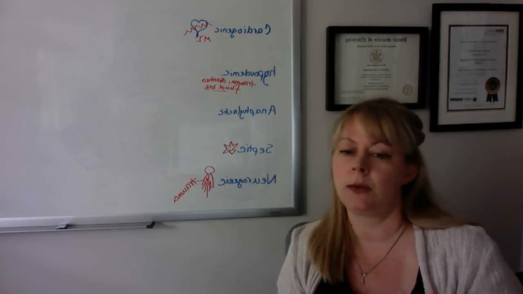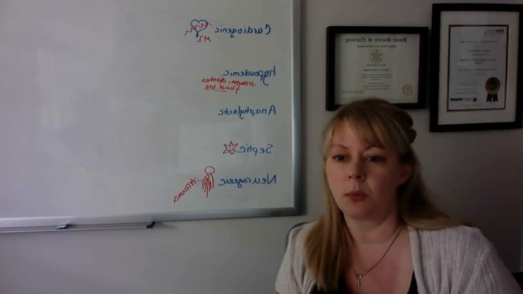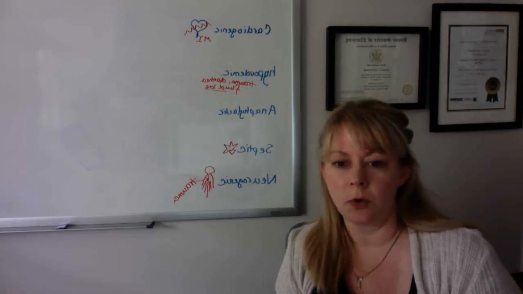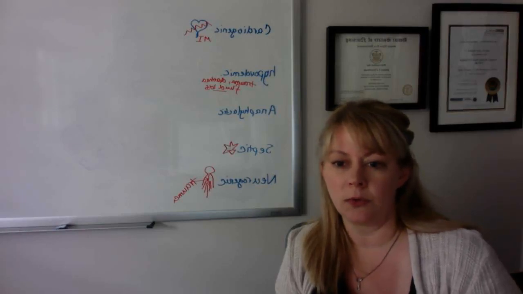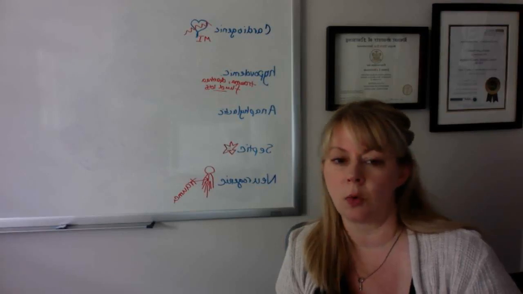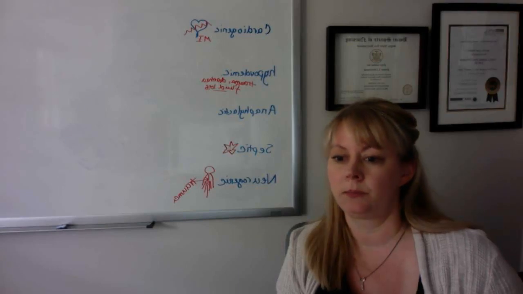Let me put that the other way around. So it's a triad of low blood pressure, bradycardia, and then what happens? You have peripheral vasodilation because you have severe central nervous system damage, usually from trauma or high thoracic cord injuries. So make sure you understand what that is.